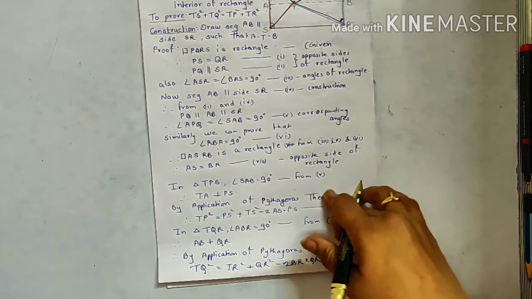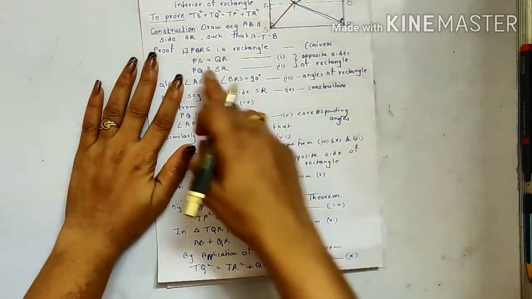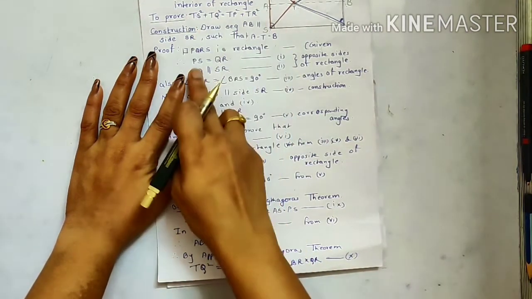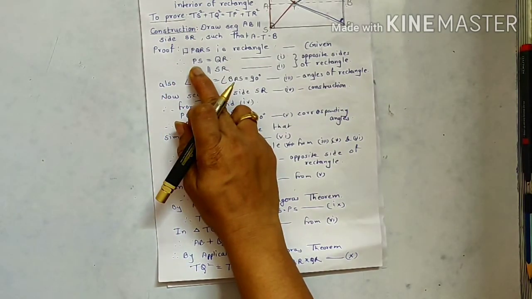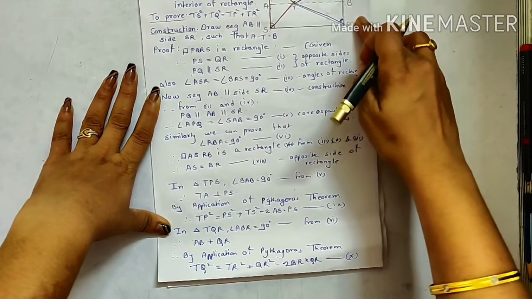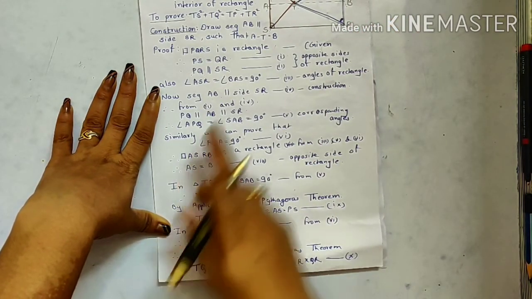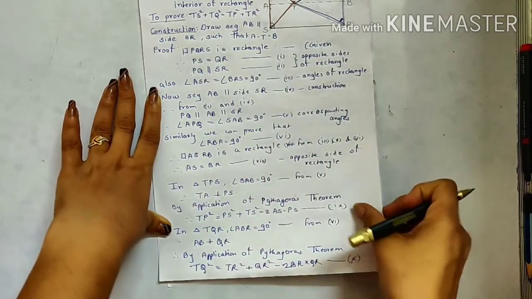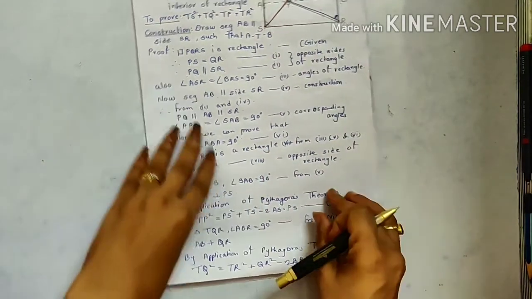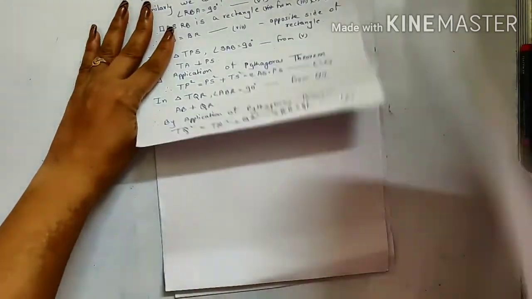Now, wherever QR is there, from first one, we can substitute as PS. And wherever BR is there, we can substitute as AS.